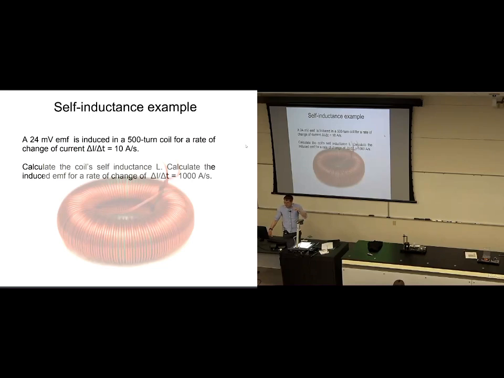Based on that information, we're going to calculate the coil's self-inductance, this number that describes how much it talks to other circuits, and we're also going to calculate, if we had a larger rate of change of current, 100 times bigger, what would be the induced EMF? So we're going to do these two things. I really want to do this fast.